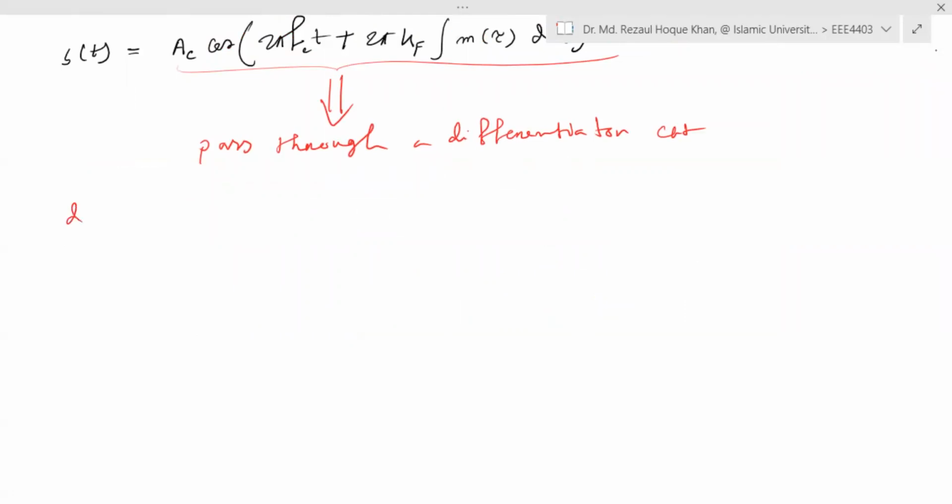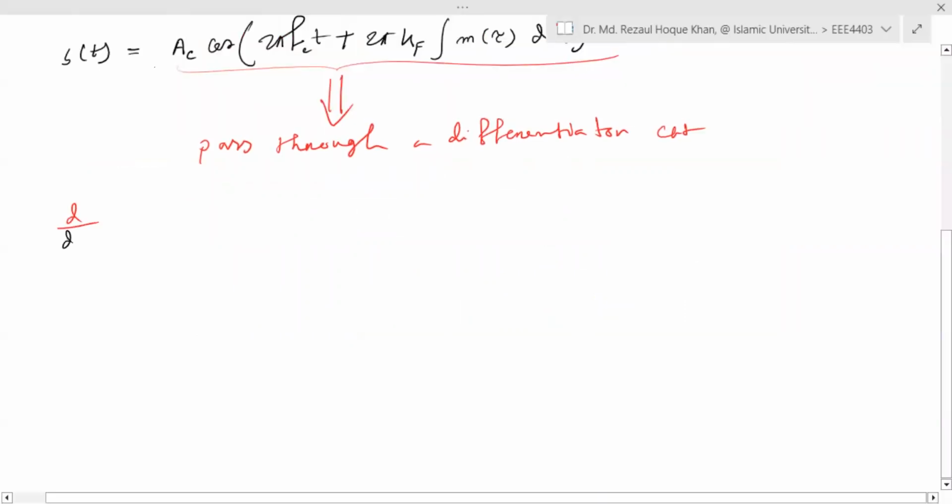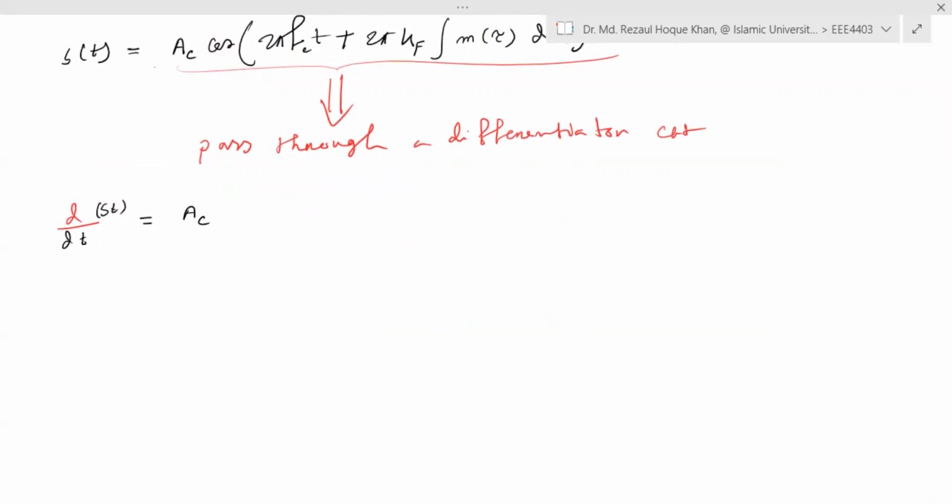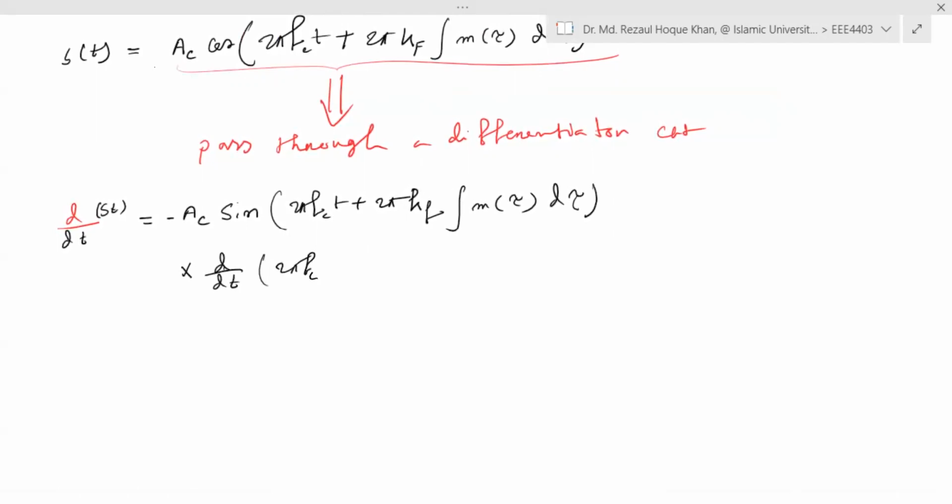We will have d/dt of s(t), which is Ac, and the derivative of cos theta is minus sin theta, so minus sin(2π fc t + 2π kf ∫ m(τ) dτ), multiplied by d/dt of theta, because this is not just a theta, so d/dt of 2π fc t + 2π kf ∫ from 0 to t of m(τ) dτ.